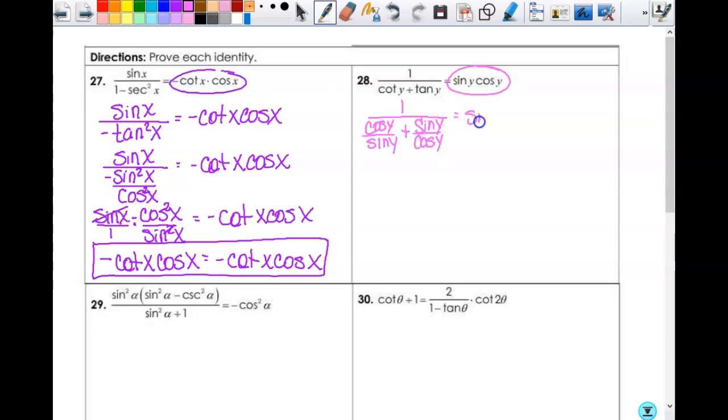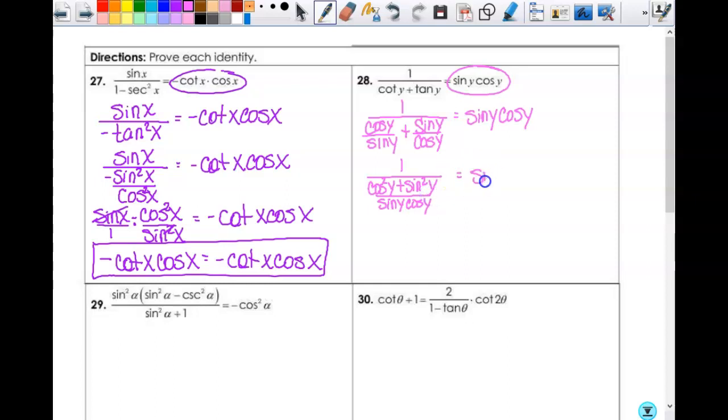And that's equal to sine cosine. All right, so to get the common denominator in the denominator, that will be sine y cosine y. In the numerator, this is going to become cosine squared y plus sine squared y.